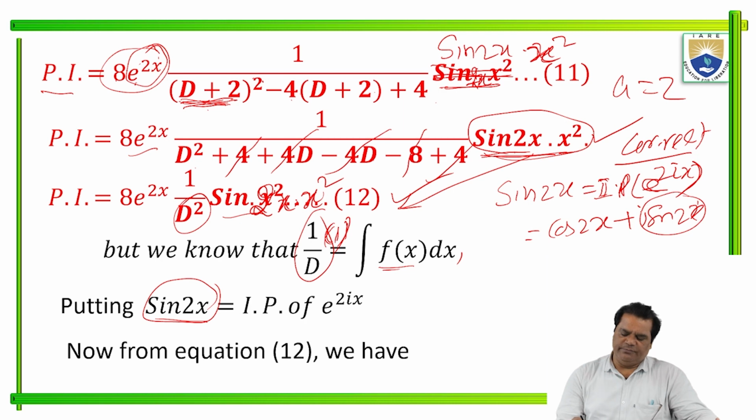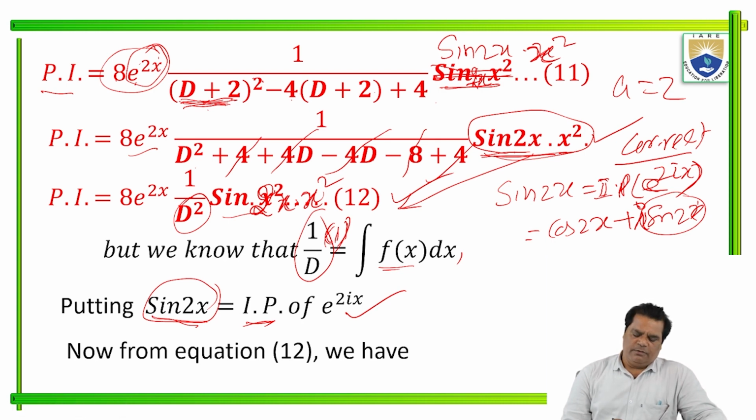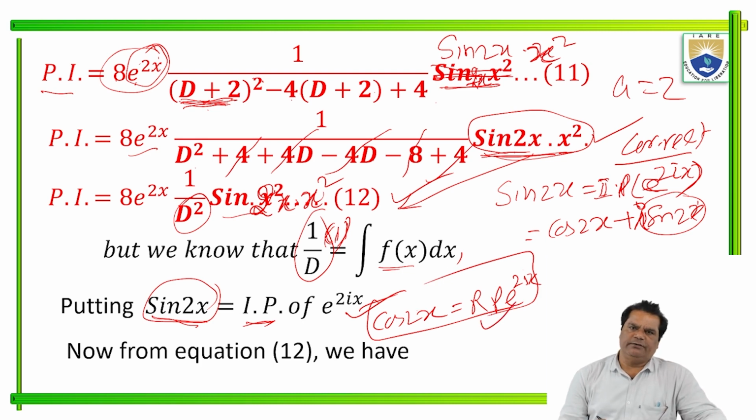And cos 2x is the real part of e to the power 2ix. In place of sin 2x, we can put this result.